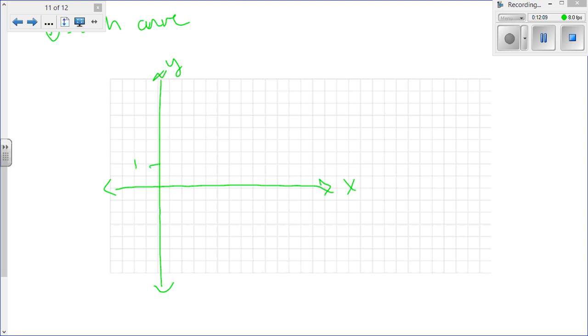This is going to be 1, 2, 3, negative 1, negative 2, negative 3. And I'm going to go over here and say this is negative pi over 6 and 0, and that's a point.